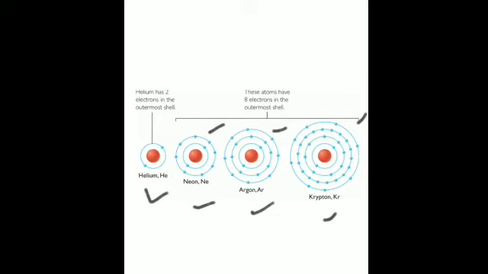They are already in a stable position, so they are chemically unreactive. They don't need to react. Now they don't react with any other element or any other compound. Is it clear? This is called inert gas electronic configuration or stable electronic configuration.